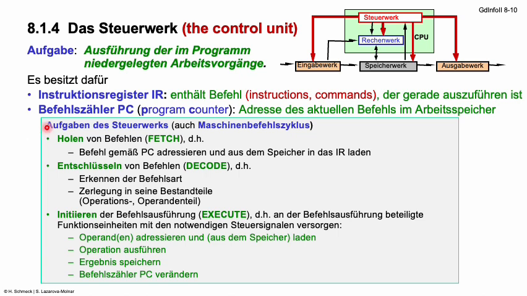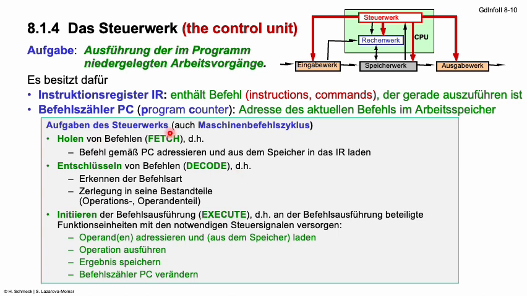So before I go into detail, I would like to say that the CPU in general in this von Neumann architecture works following a process that is known as fetch, decode, and execute.